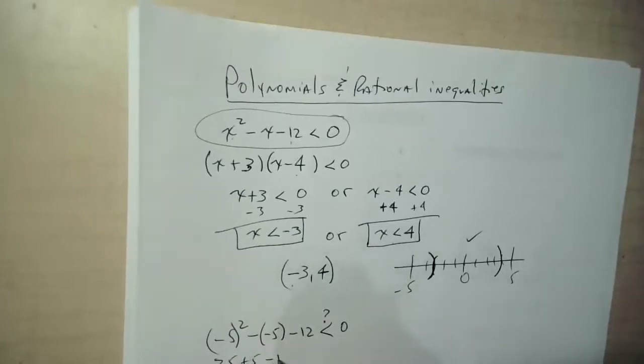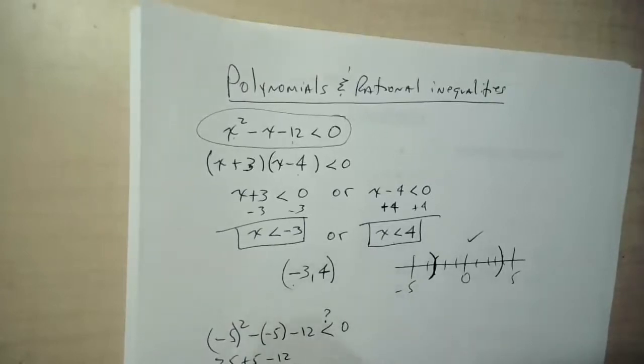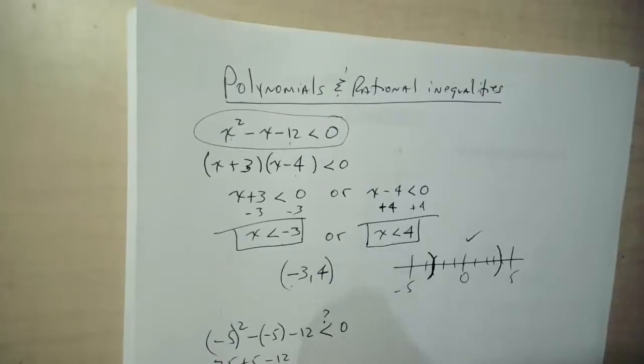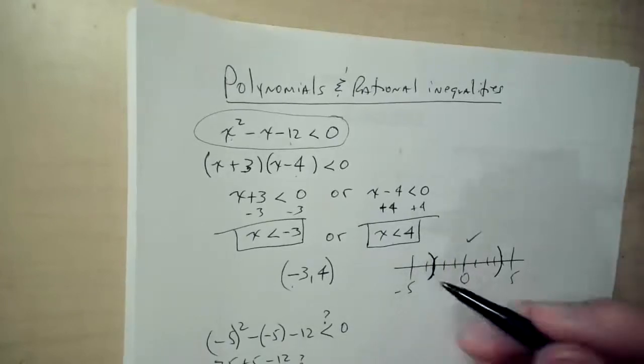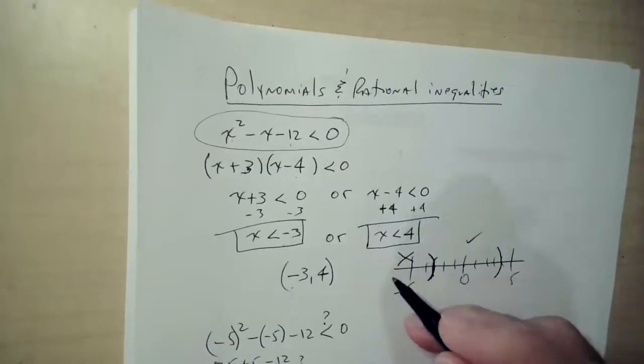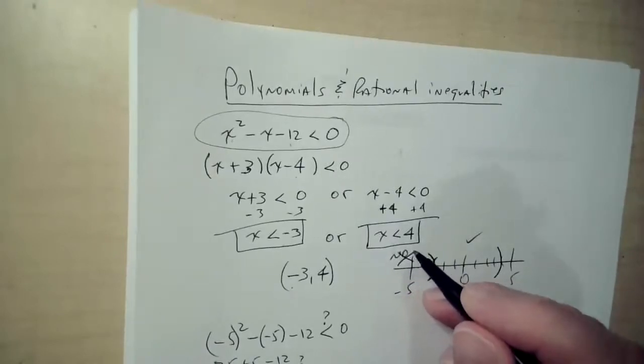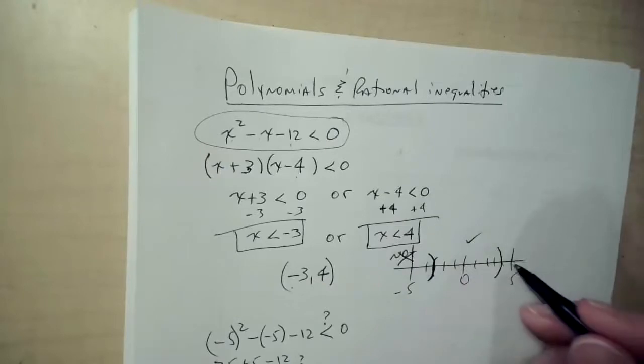Minus a -5 is a +5. Minus 12. So this is 30. Minus 12 is 18. Is 18 less than 0? No. Everybody see that? No. This is not in our area.